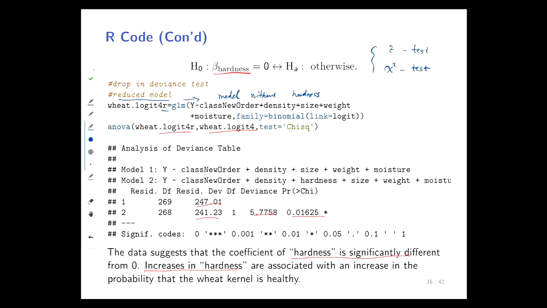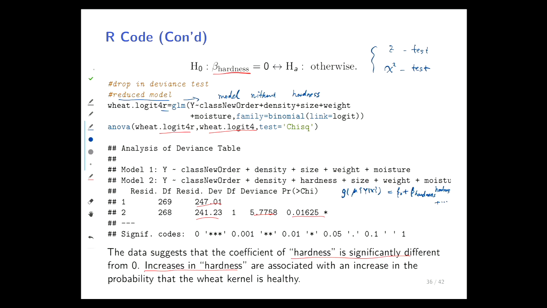So what's the interpretation here? If you still remember our model, it is the generalized linear model, g of mu, y given x, which equals beta 0 plus beta hardness times hardness plus so on and so forth. That's our model.